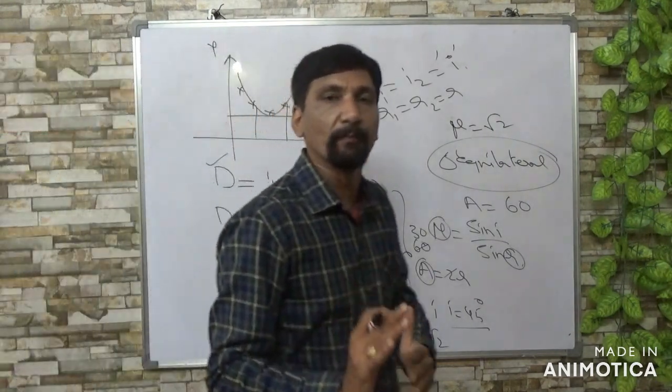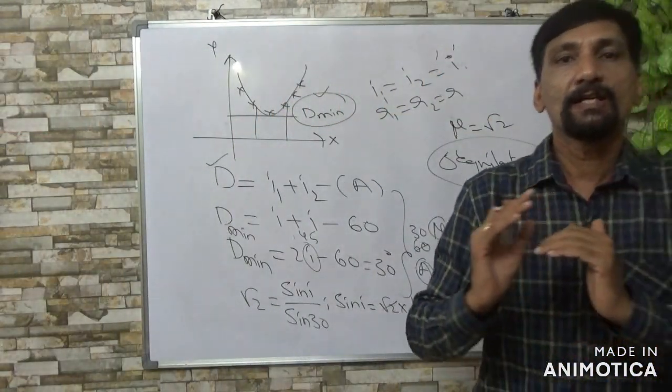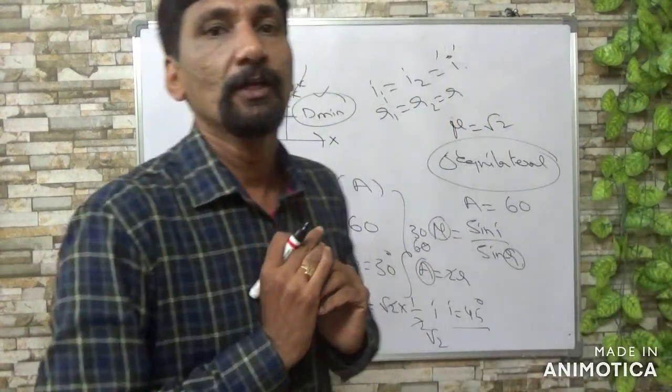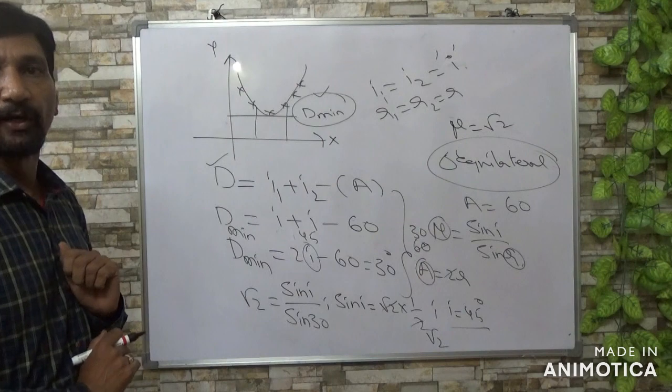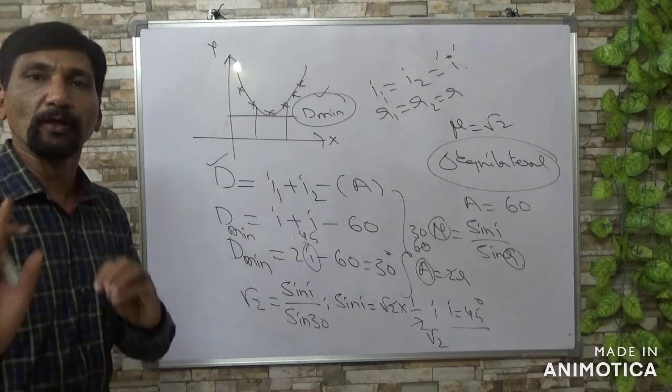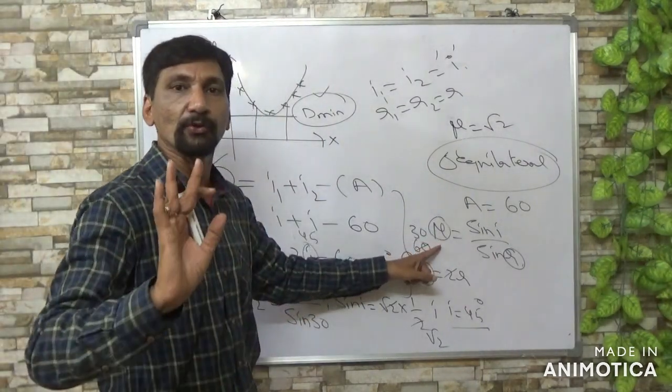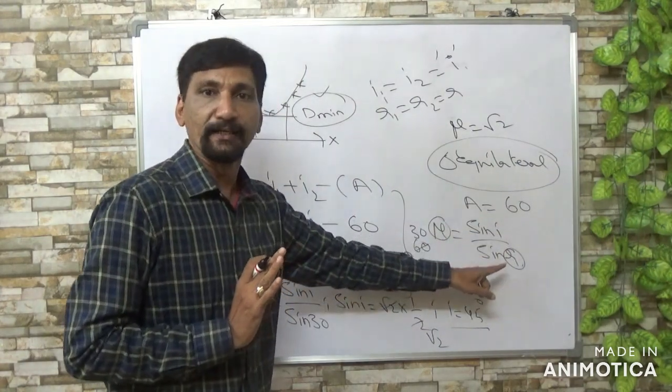So what is your problem? There is one equilateral prism adjusted in minimum deviated position and you want to know this deviation. Okay, so for any problem, refractive index you can use sin I by sin R.